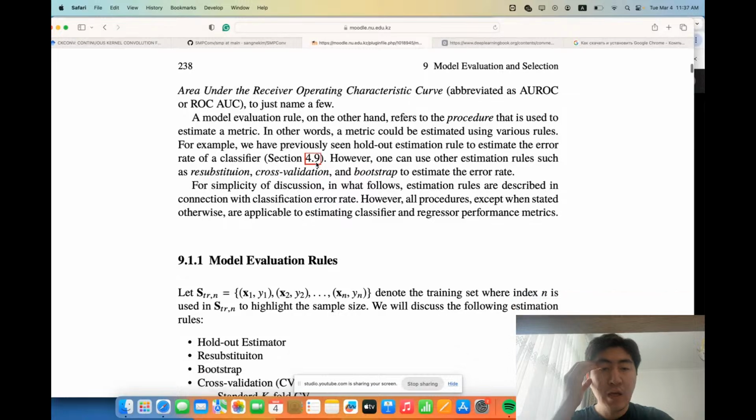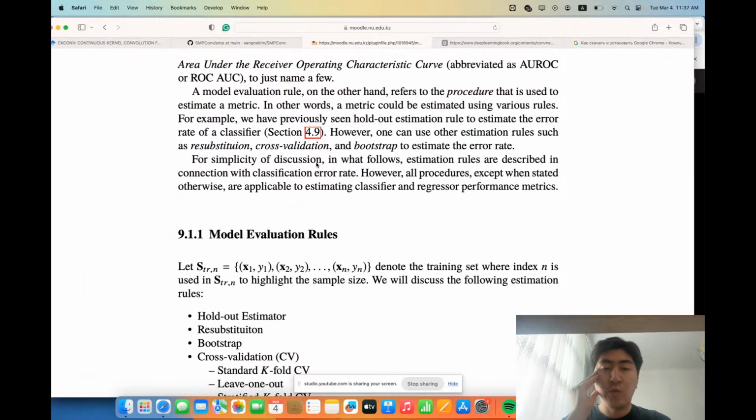For simplicity of discussion in what follows, estimation rules are described in this section with the classification error rate. However, all procedures, except when stated otherwise, are applicable to estimating classifier and regressor performance metrics.